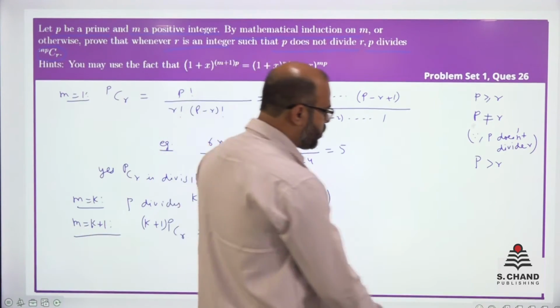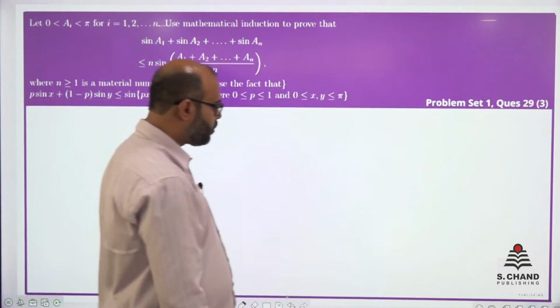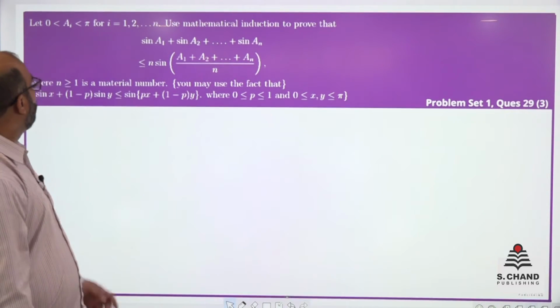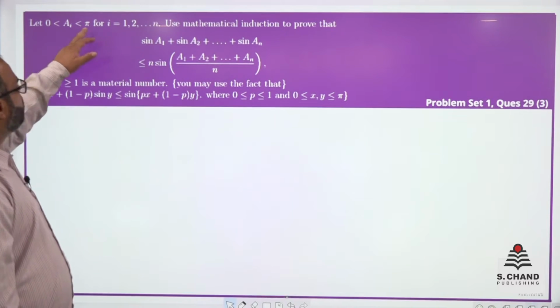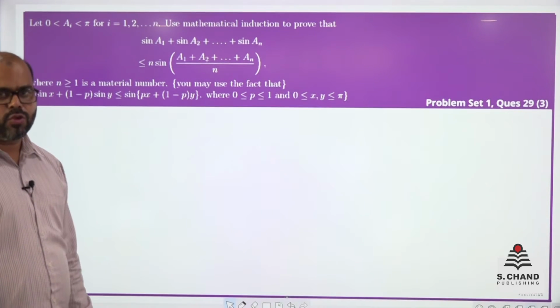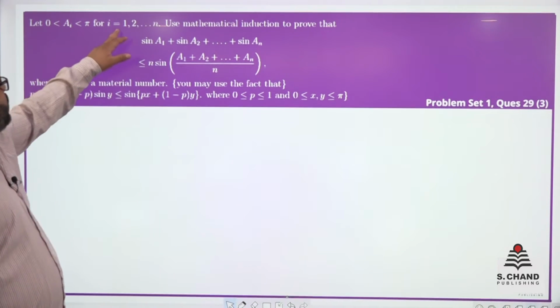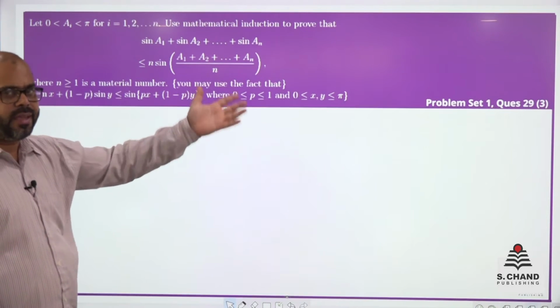Now, let us come to the next question. If Ai is between 0 and pi, Ai is some angle between 0 to pi, for i equal to 1, 2 till n, these are different angles.